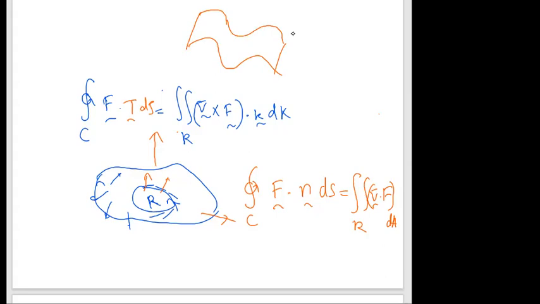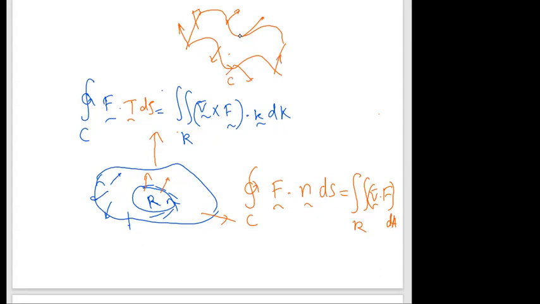Now you have a vector field, and this vector field is a three-dimensional vector field. Now consider this boundary. This is the boundary of this surface. It has a positive oriented boundary C.